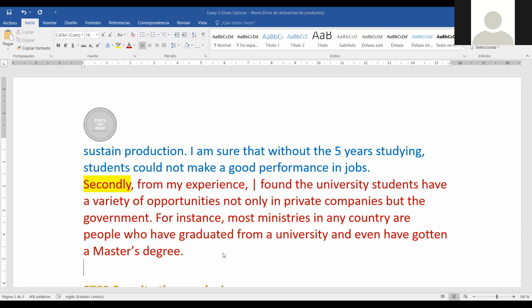Let me copy my third reason, which is related to the role of universities in society.